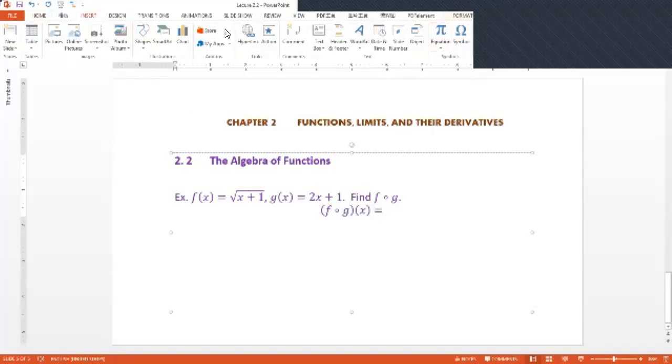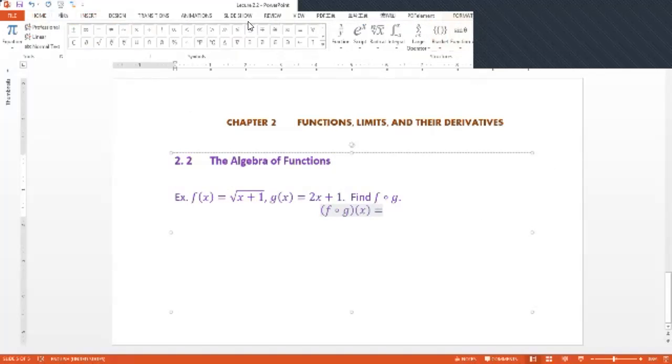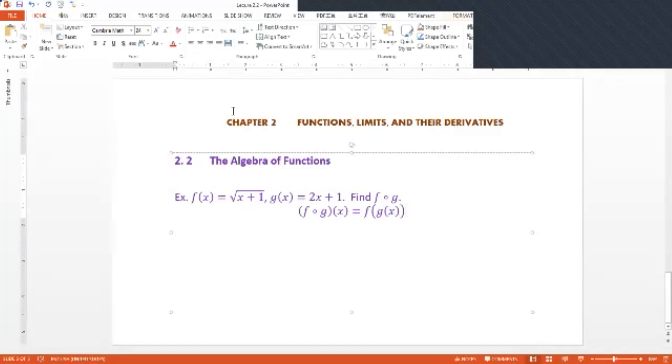So we just plug in g of x in place of the independent variable of f. So you just plug in g of x in place of x in f.